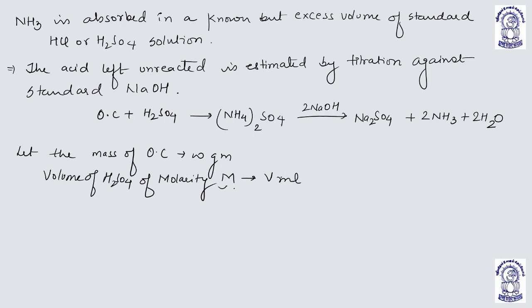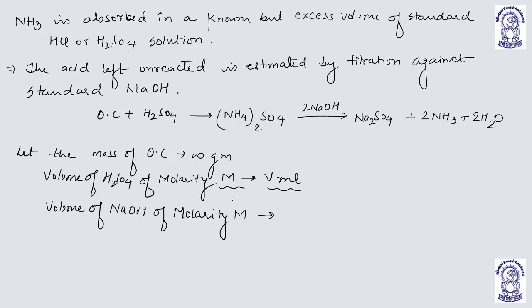So we have taken the molarity of H2SO4 capital M, and the volume is V mL, capital V. Volume of NaOH of same molarity, the molarity will remain the same. Then only the number of gram equivalents, or the number of titrating equivalents, will be the same.